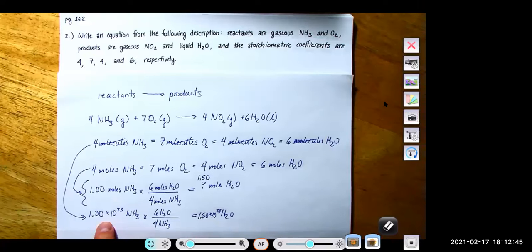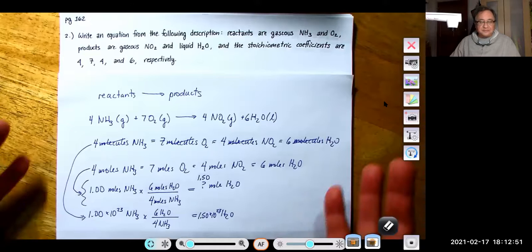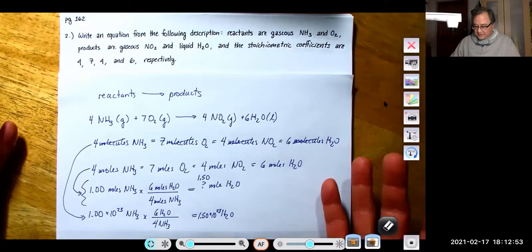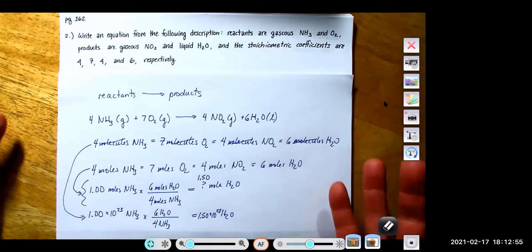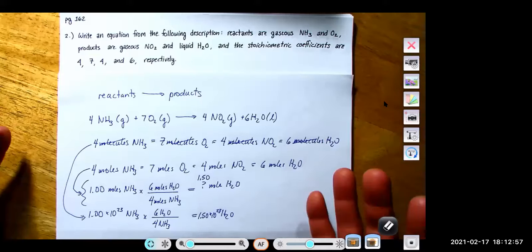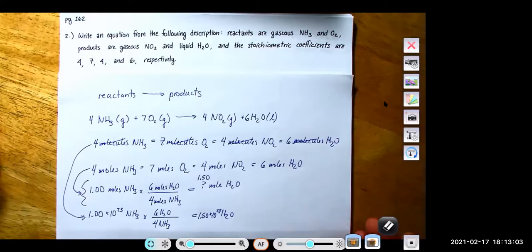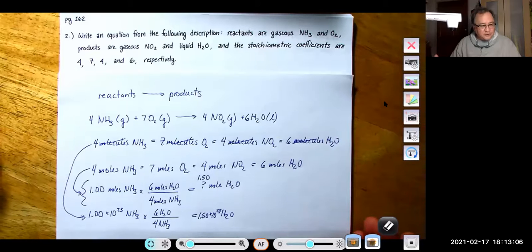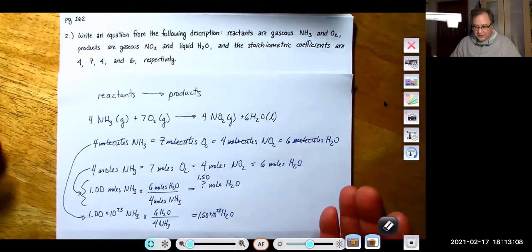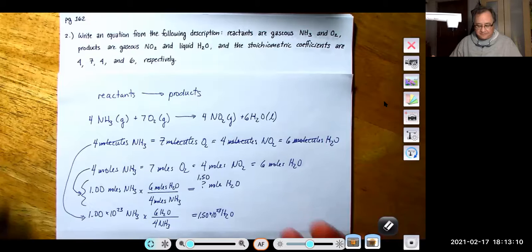Wouldn't the question be how many grams, if you had so many grams of NH3? There's no grams here. You can convert it, but you'd have to do that before the moles. You can use grams, but we're focusing on what the coefficients mean.